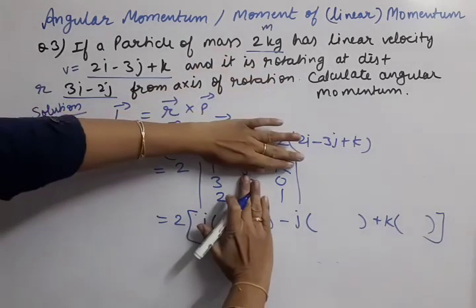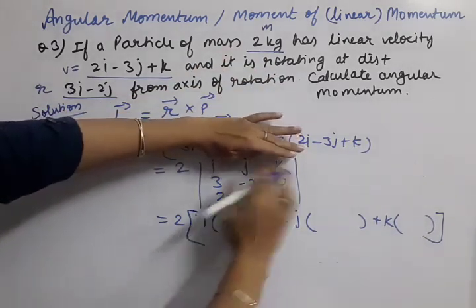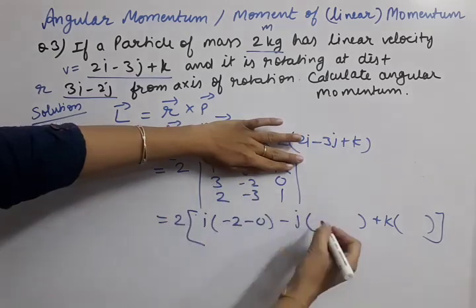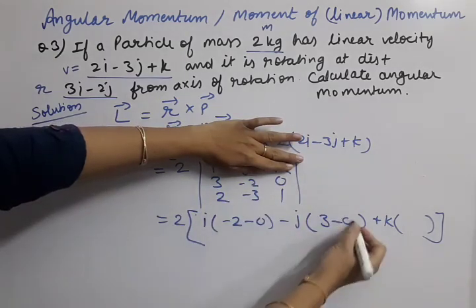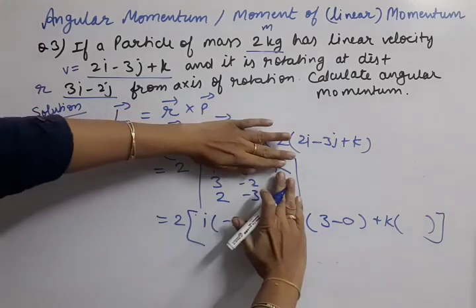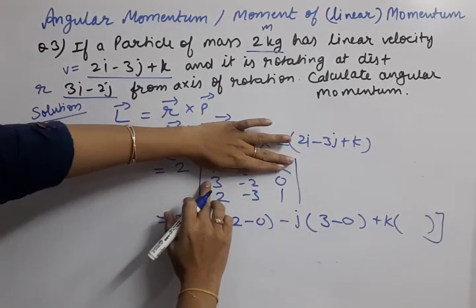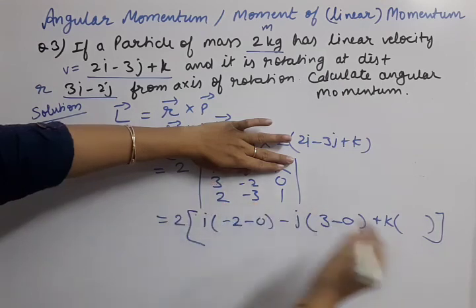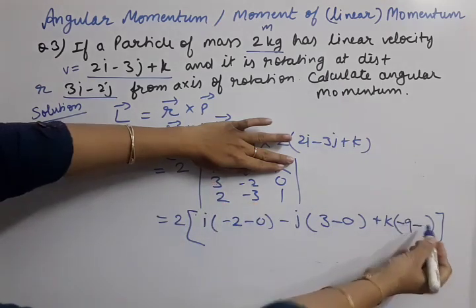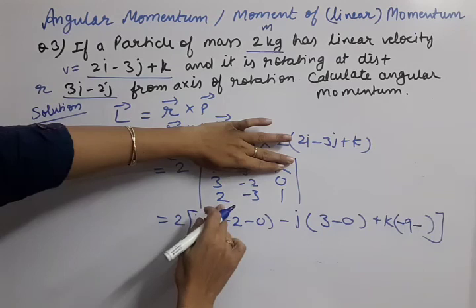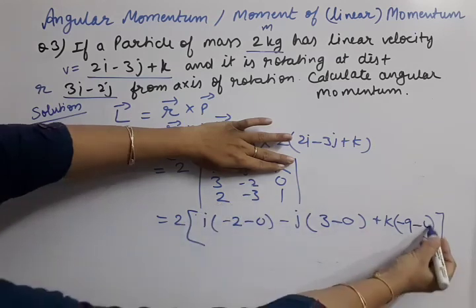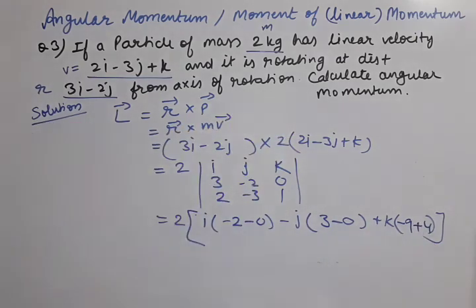Then j term, hide j row and column. 3 ones are 3, minus 2 zeros are 0. Then hide k row and column. So minus 3 into 3 is minus 9, minus sign. Then minus 2 into 2 is minus 4, so actually it will become plus 4. Okay, this way it is.